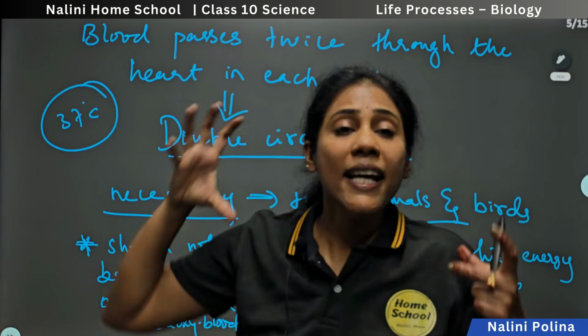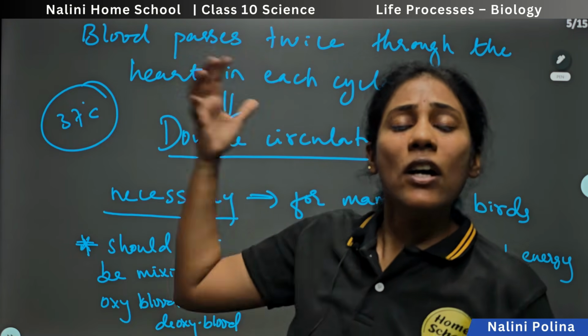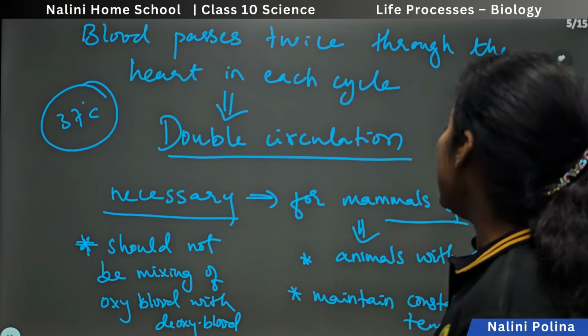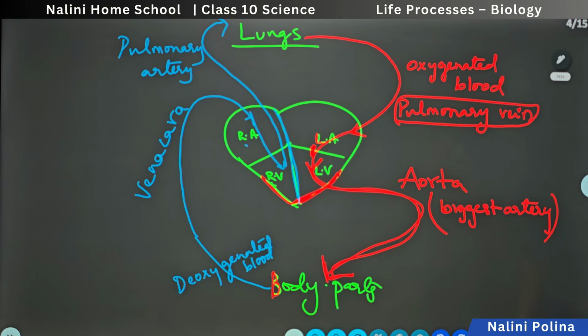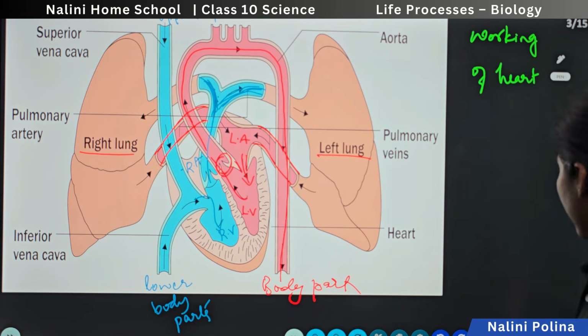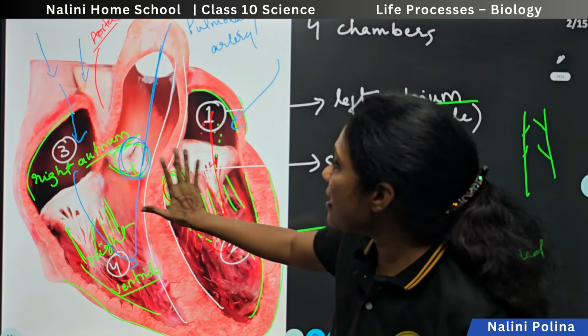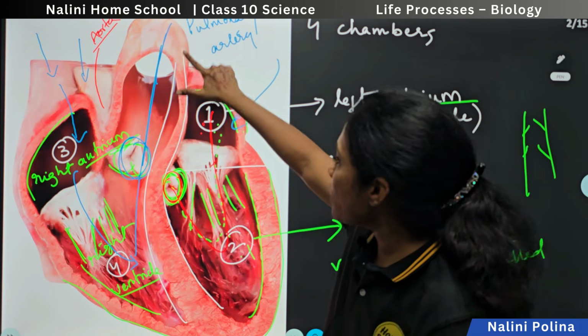If the body has to maintain constant body temperature, oxygen has to be continuously supplied to every cell. If oxygen has to be continuously supplied to every cell, there is a necessity of separation between the oxygenated blood and deoxygenated blood. Yes, this separation is very important.